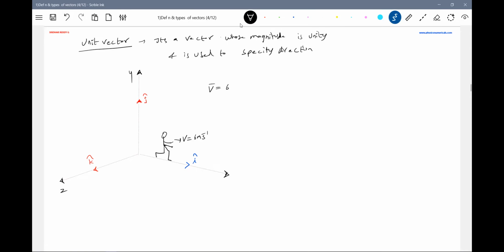V bar equal to 6 meters per second is the magnitude along x-axis. Or more systematically, it can be written as 6 I cap meters per second. So what does that 6 indicate? Magnitude. What does that along x-axis indicate? Direction. What does this velocity indicate?